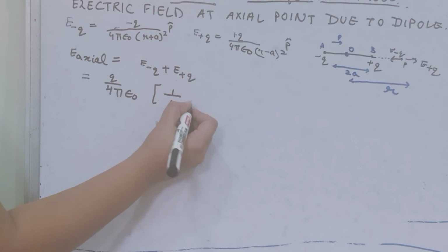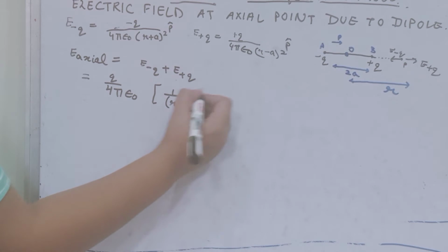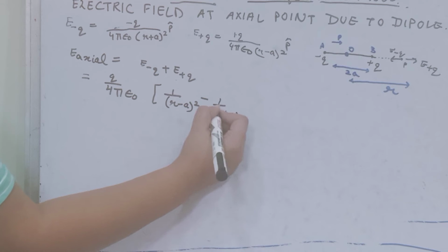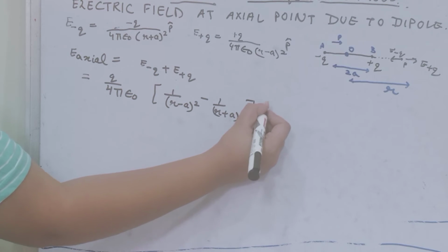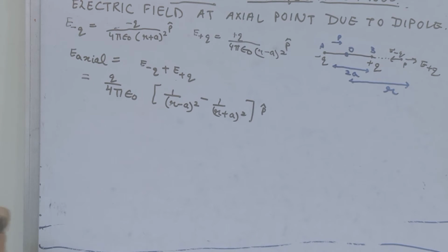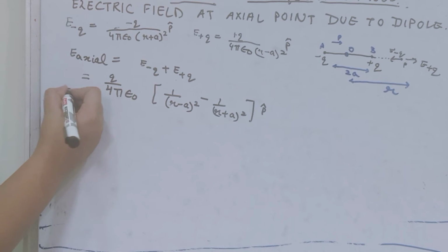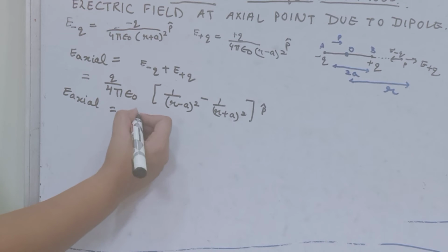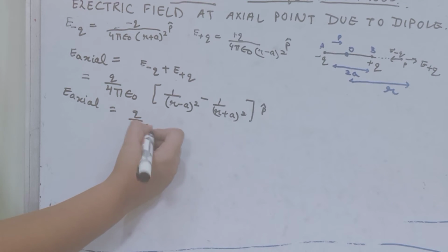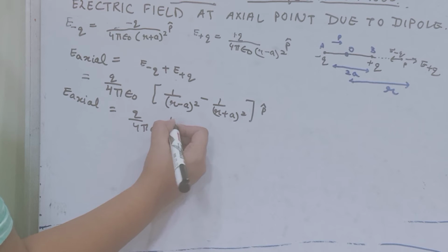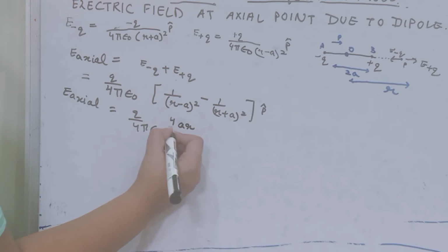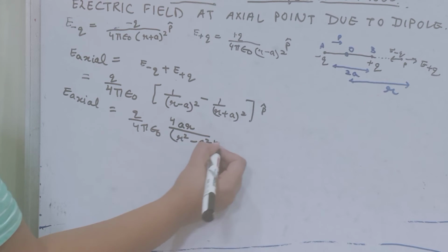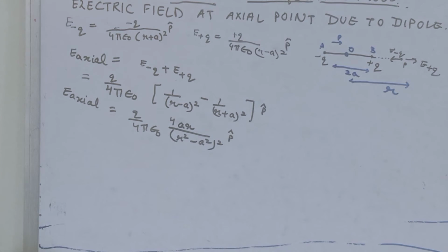So 1 upon R minus A whole square minus 1 upon R plus A whole square into P cap. Fine. And solve, we get E axial equal to Q upon 4 pi epsilon naught 4 AR upon R square minus A square whole square into P cap.